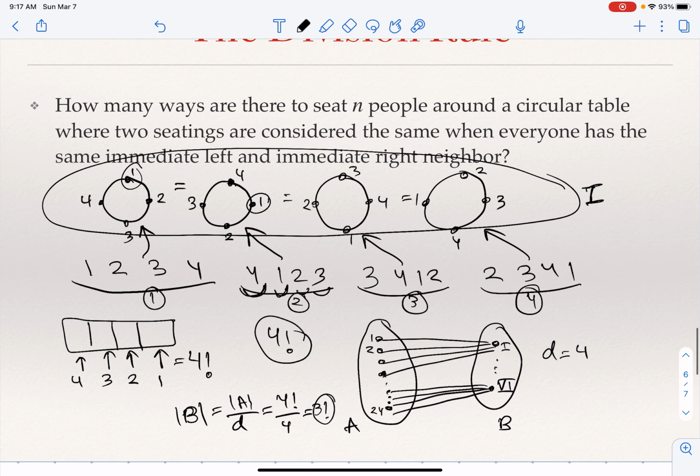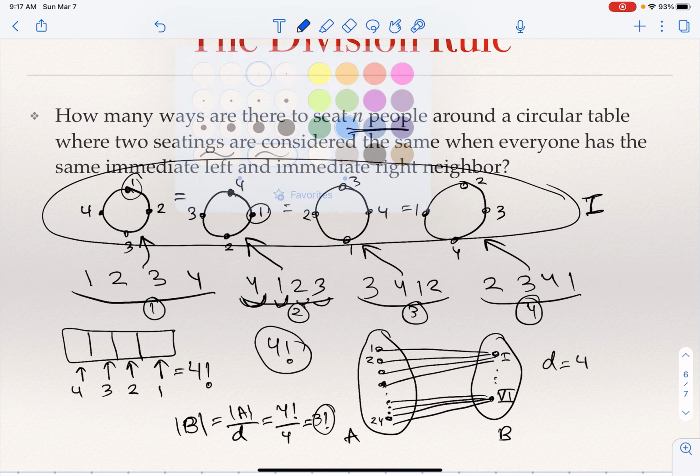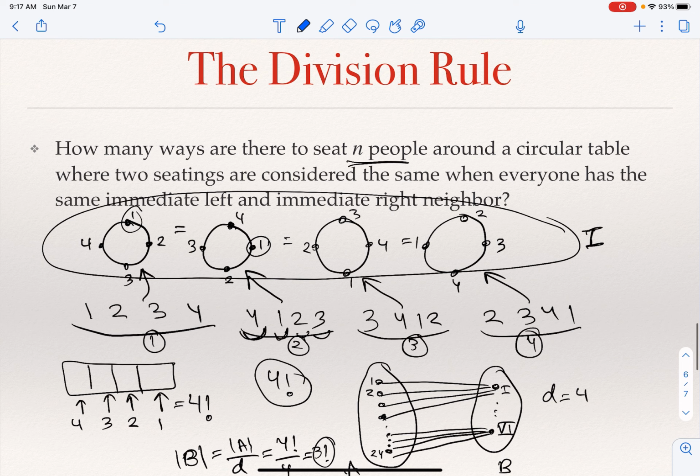Now, if my question was about n people, so let me change color here. Since the question is about n people, we can do the same thing. The number of ways of seating n people in a line is n factorial. When we were dealing with n equal 4, we noticed that there are 4 linear seatings that map to exactly the same circular seating.